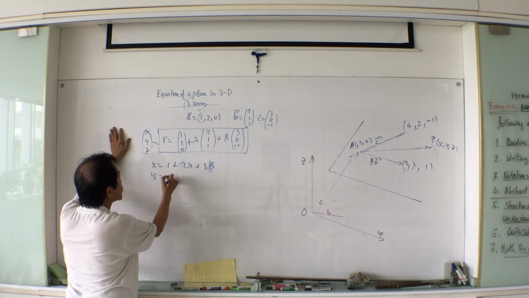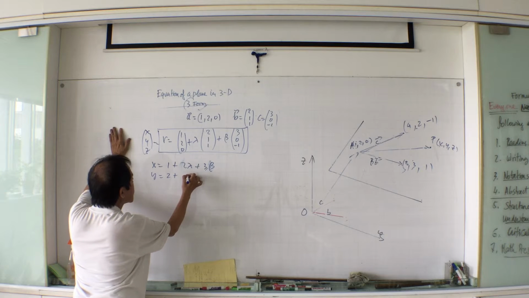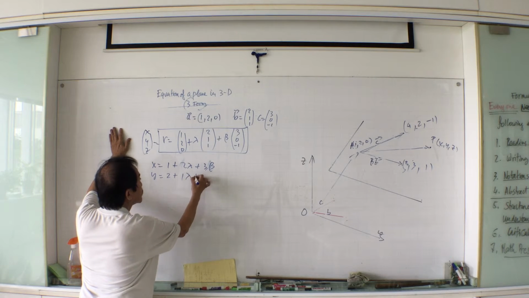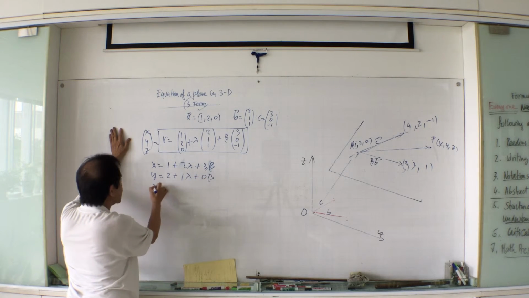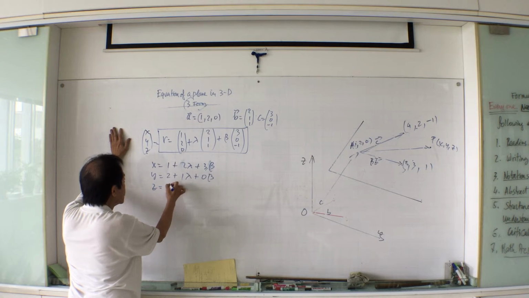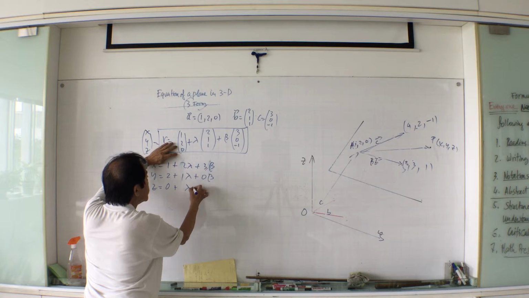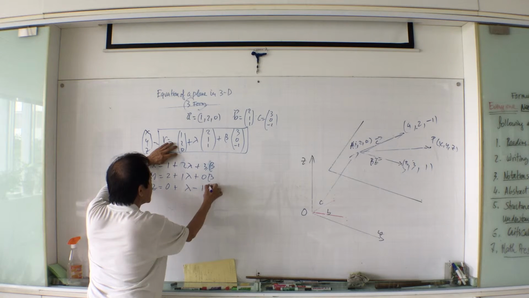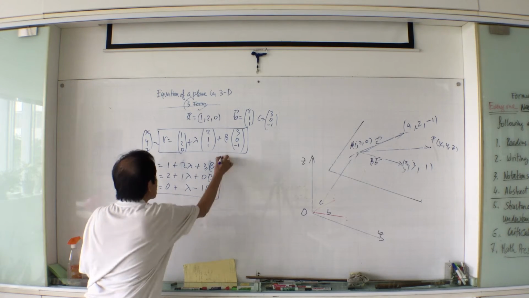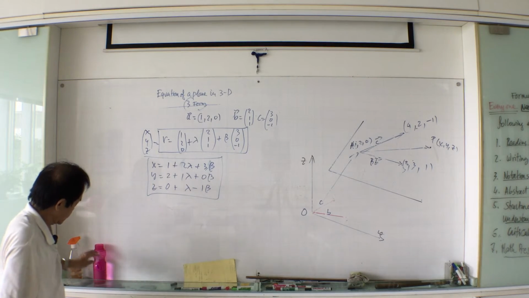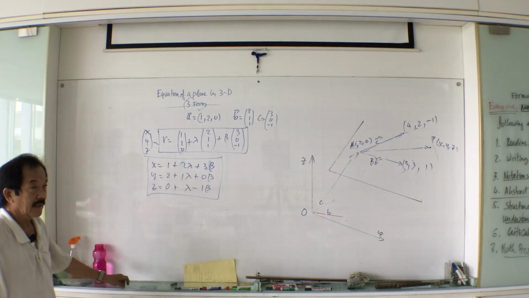And y equals 2 plus lambda, 1 lambda plus 0 beta, and z equals 0 plus lambda minus 1 beta. So this one we call the parametric form of the plane.